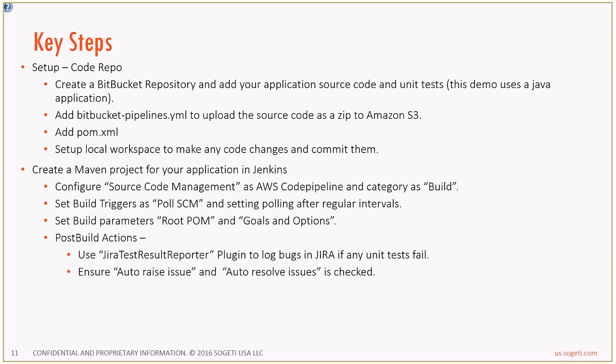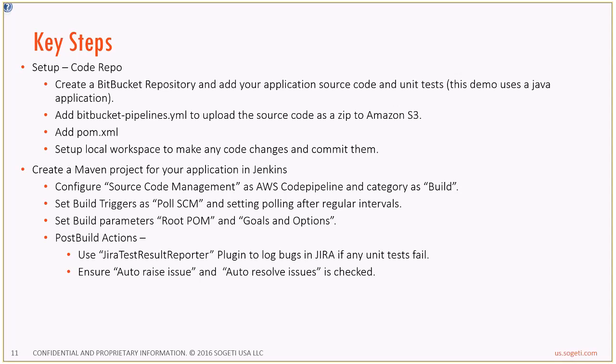Now for this demo, what we have done is that we have integrated JIRA as a part of this pipeline. And we are using the JIRA Test Result Reporter plugin to log any bugs in JIRA in case any unit tests fail. The good part about this plugin is that it has two specific options at the bottom.